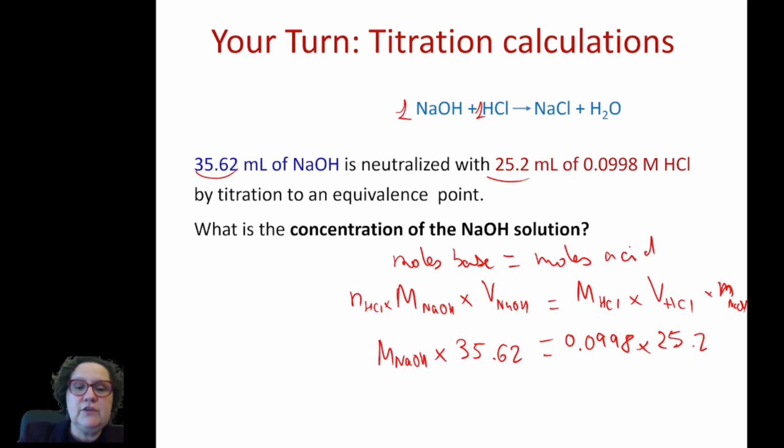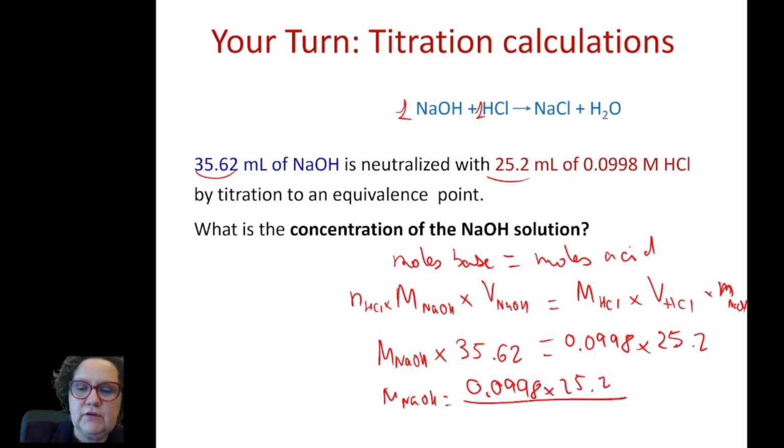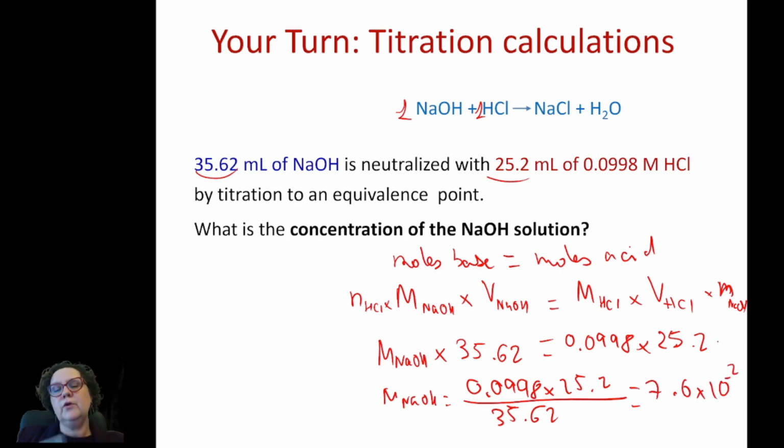So, if I arrange this equation, 0.0998 times 25.2 divided by 35.62, and assuming I haven't got my numbers wrong, this is a molarity of 7.010 to the minus 2. So 0.07 moles per liter, sorry.